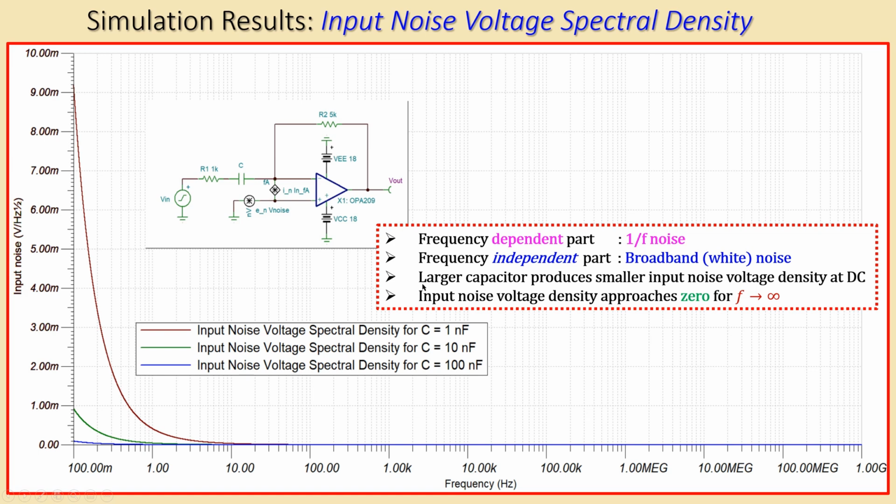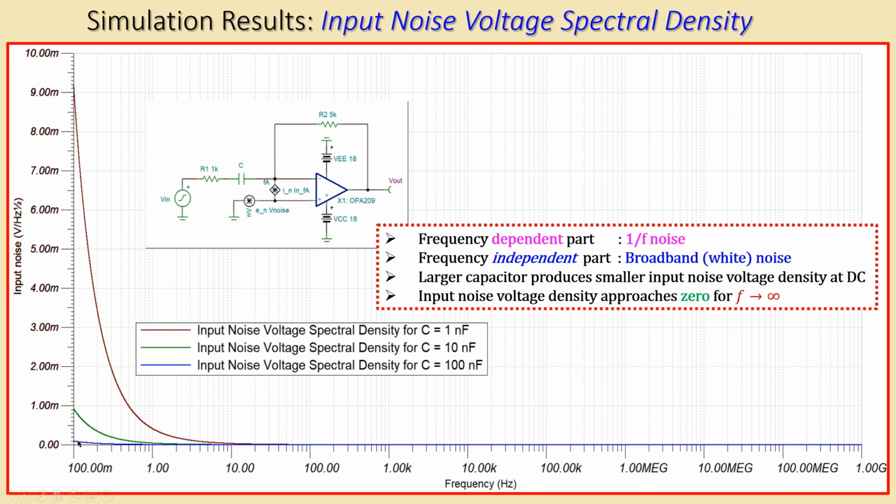But the important thing here is that the larger capacitor produces a smaller input noise voltage density at DC approximately. Since the larger capacitor will filter out more, that will produce less noise.